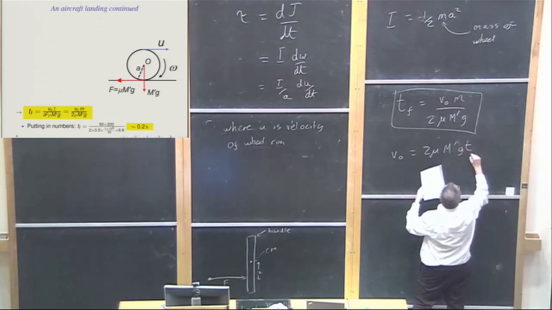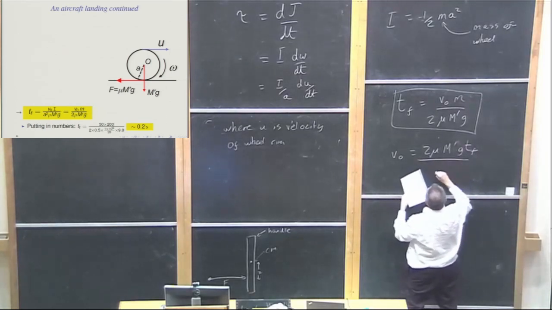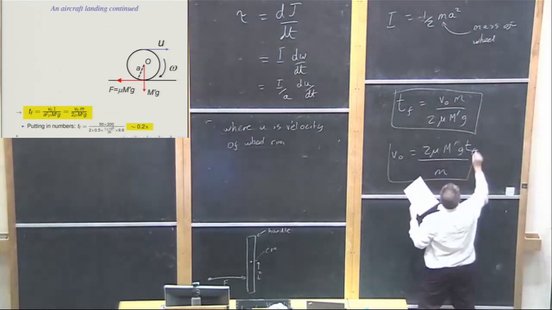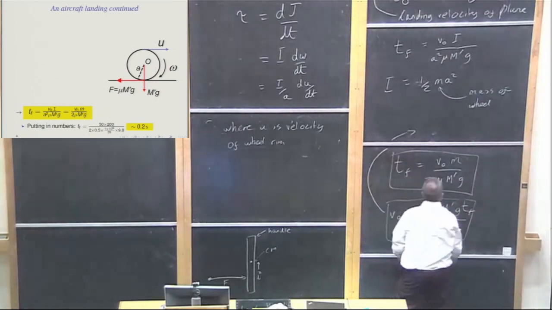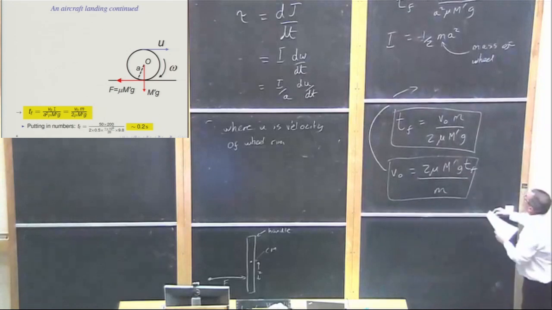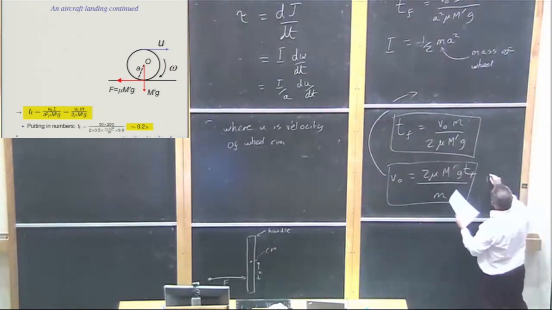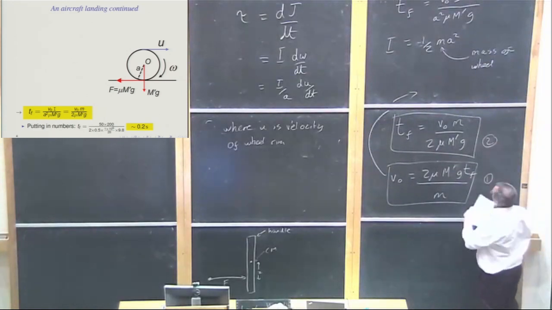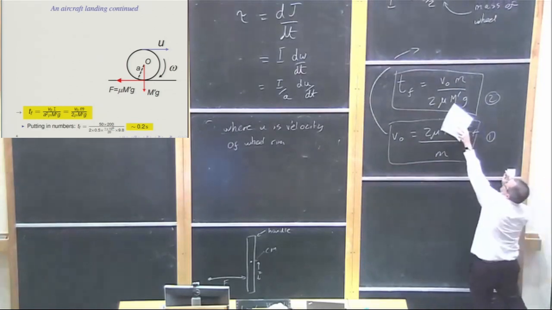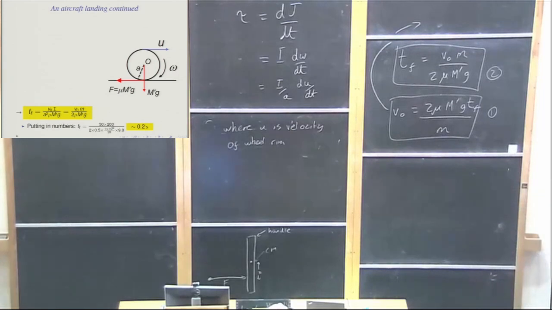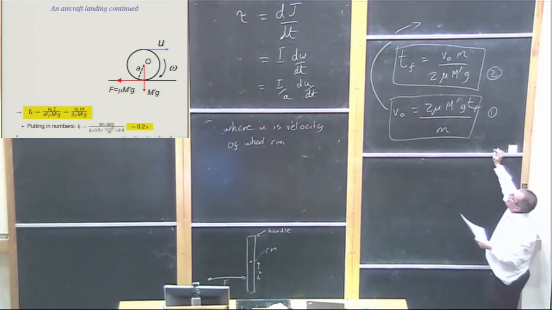I should have written this first. Okay, sorry about that. So that really comes before, and then we have this. I want to number these because I will reference these later. So I call this one 1 and this one 2. But this is what we were wanting to work out here. This is the time it takes for the rim of the wheel to reach the same velocity as the plane.